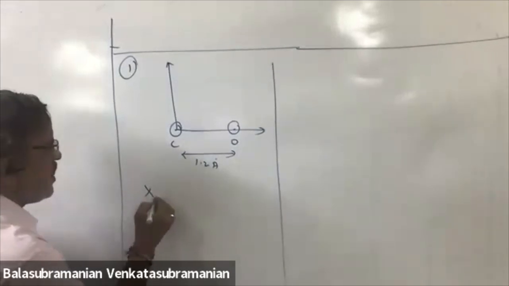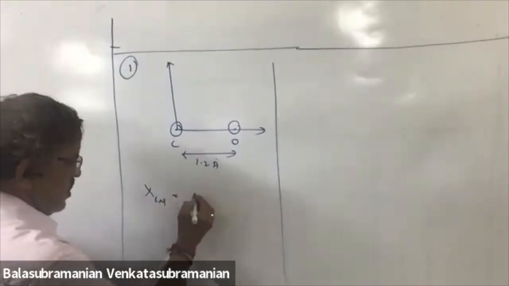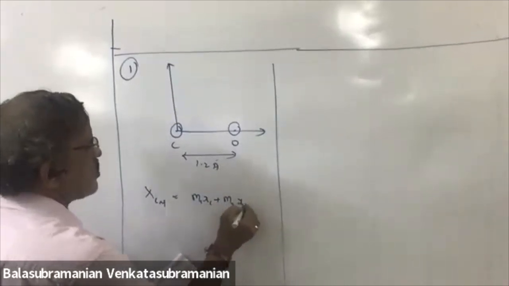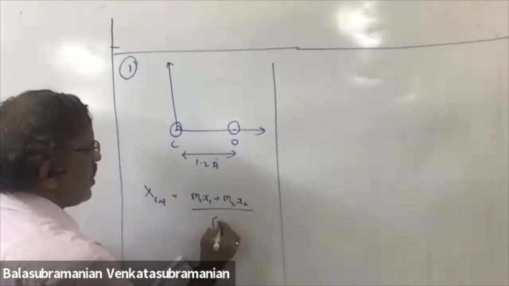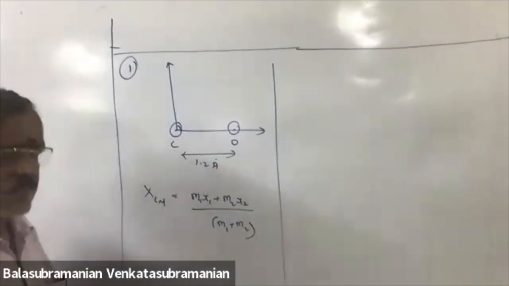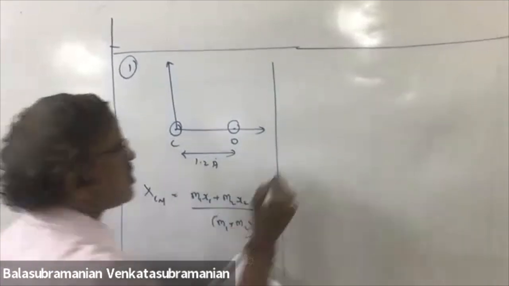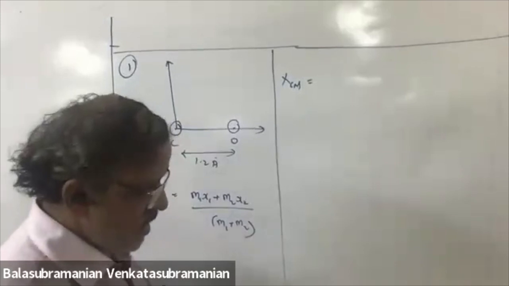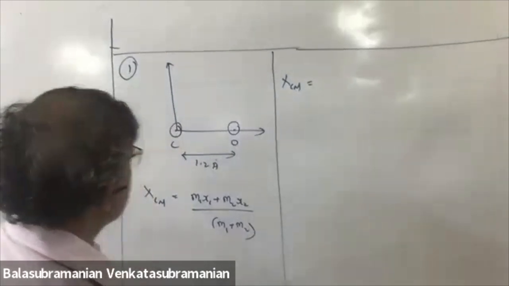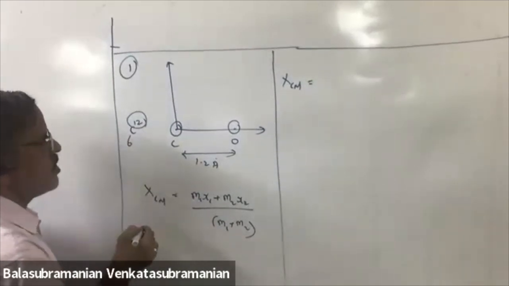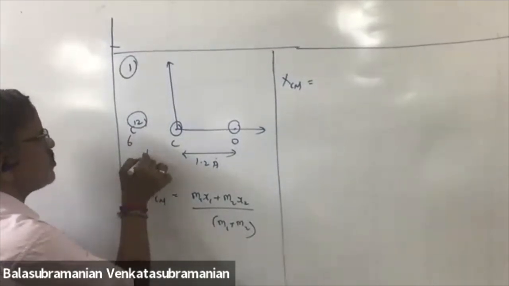Center of mass basic formula: (m1x1 plus m2x2) whole divided by m1 plus m2. Carbon is 6C12, oxygen is 8O16.